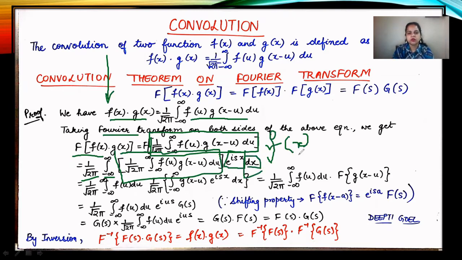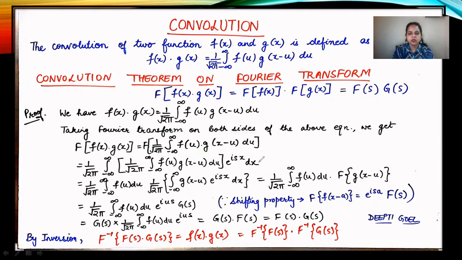So this is our Fourier transform definition, 1 by root 2 pi integral minus infinity to infinity f of x e to the power iota sx into dx. So we get this equation on applying the Fourier transform.